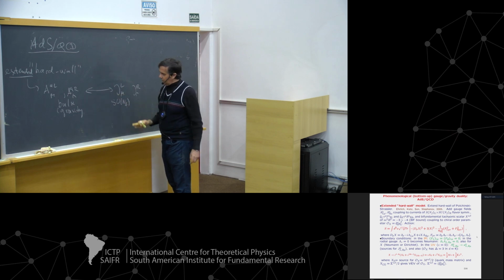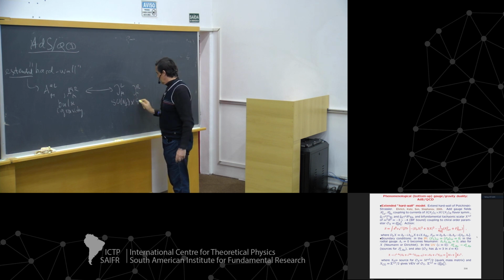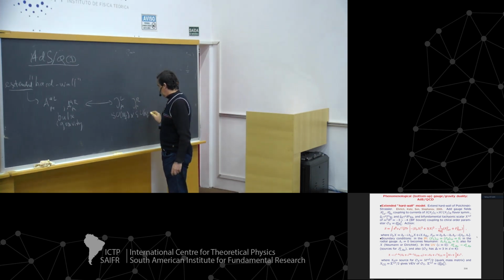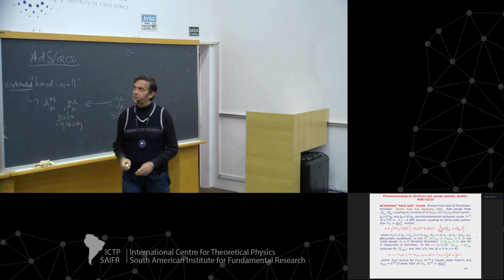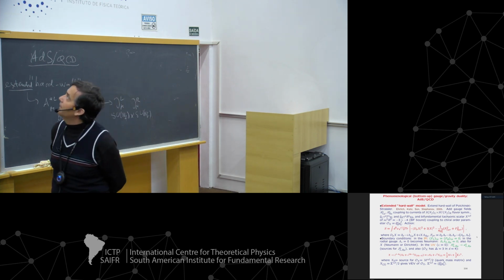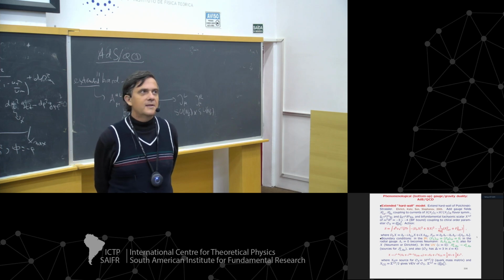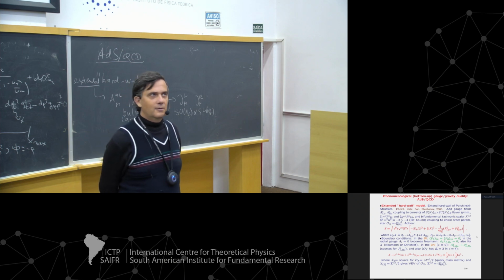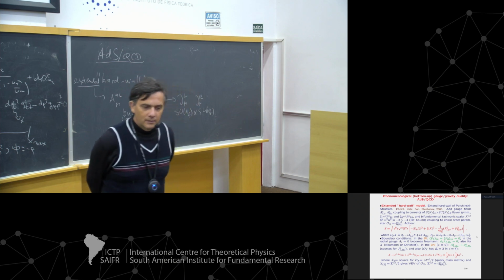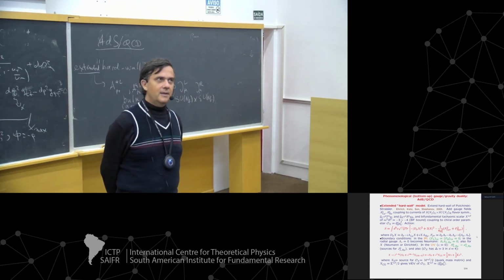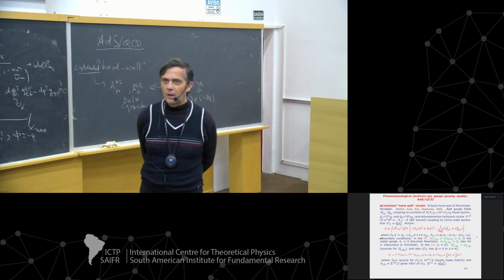The gauge fields in the bulk are coupled to global currents in the field theory, for some SU(N_F) cross SU(N_F) symmetry. Of course, this is phenomenological because in real QCD we have SU(2) left cross SU(2) right, which is an approximate symmetry in the limit where the quark mass goes to 0.